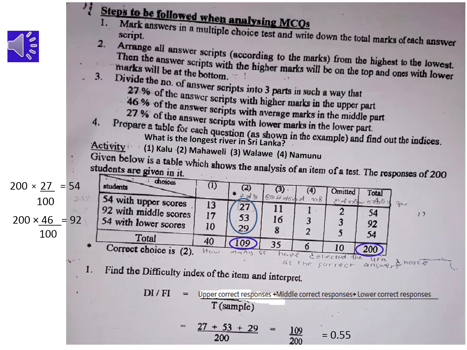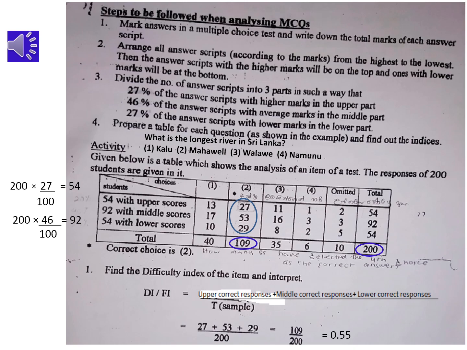To analyze the items. But if you want to analyze, this is the way. Put a star mark near the correct one. Here, according to this example, Mahavali, number 2. Down vertically, top to bottom, you have to put the papers, right?